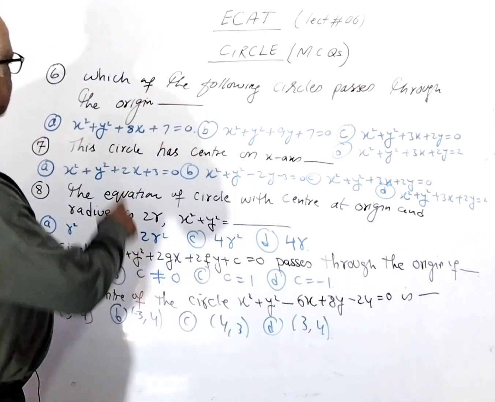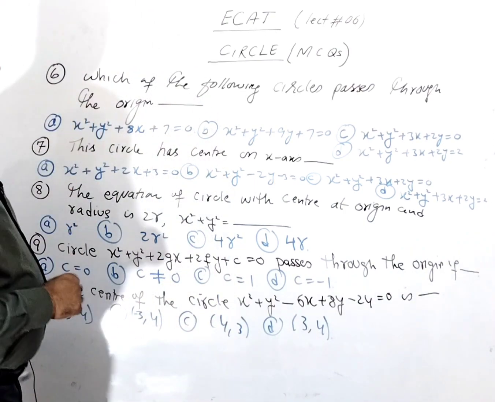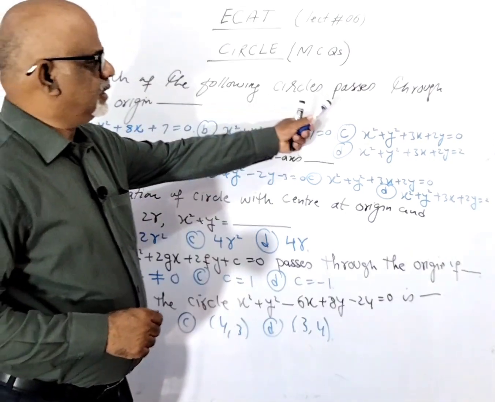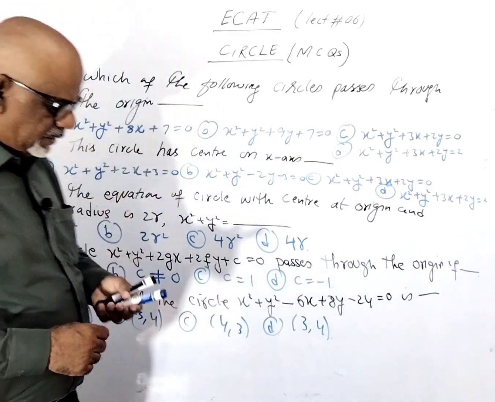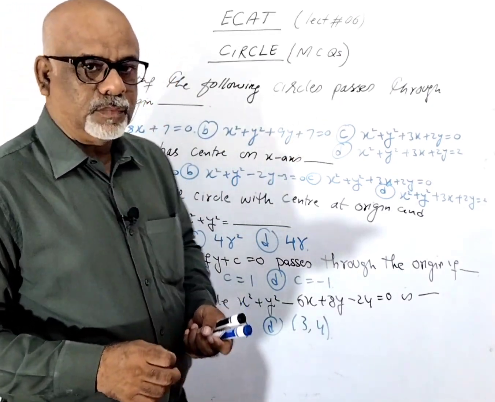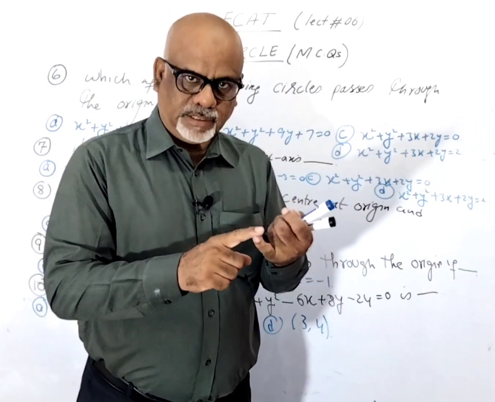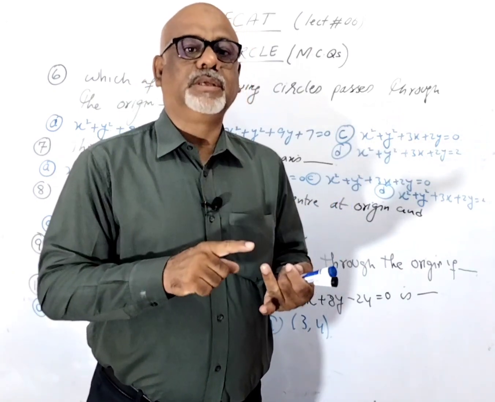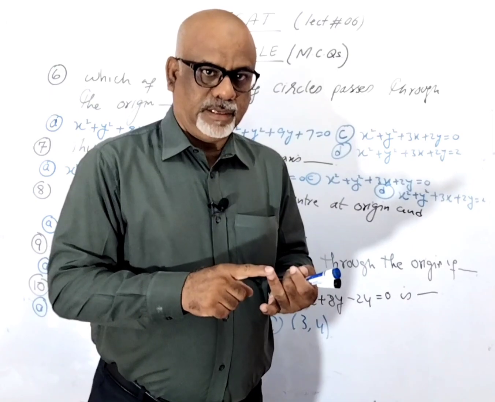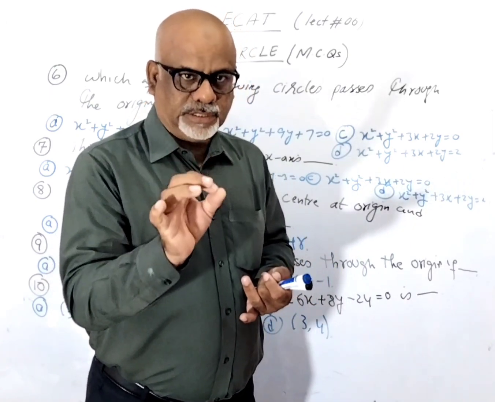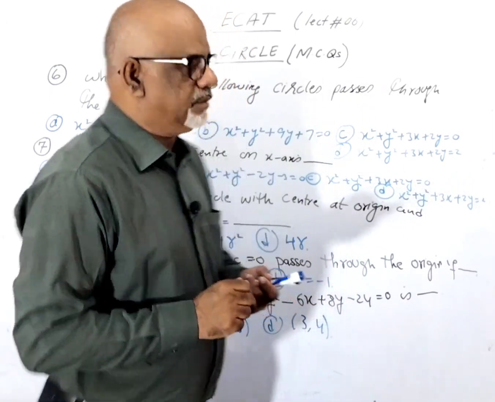Now come to the sixth MCQ. Which of the following circles passes through the origin? Whether we are talking about a circle or the equation of a straight line, if it passes through the origin, the constant term is always equal to 0.